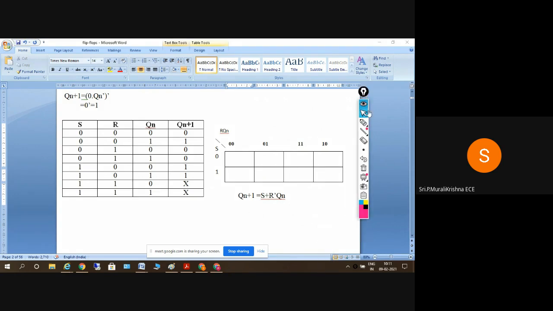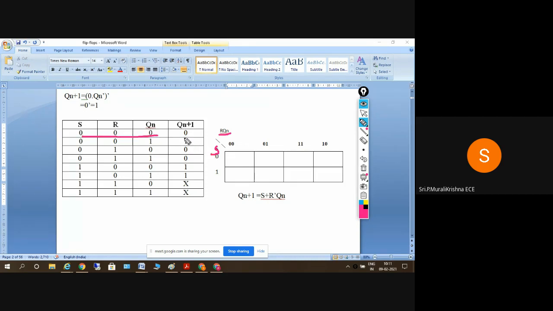The elaborated truth table: this will represent S here, and this will represent R and Qn here. You can check here, this is 0 0 0, for S equal to R equal to 0, Qn is 0.